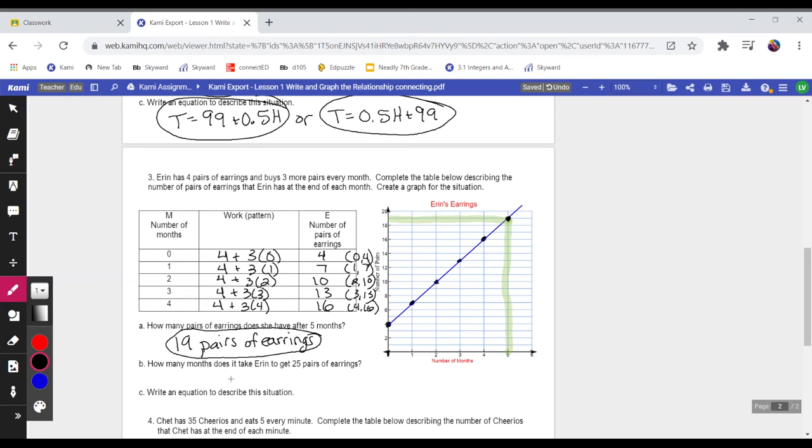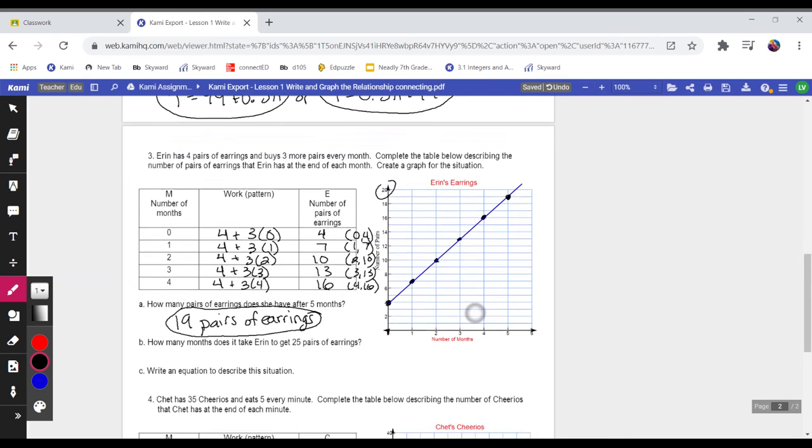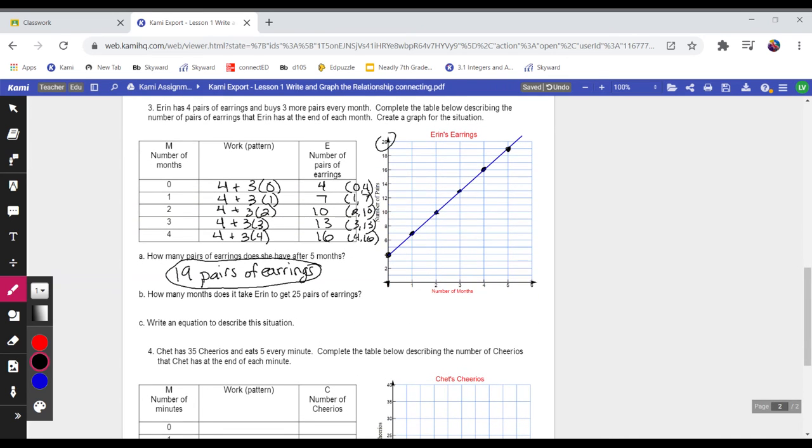Letter B, how many months does it take Erin to get 25 pairs of earrings? Hmm. Well, if you notice, the number of pairs of earrings stops at 20. So we're going to have to use some more math knowledge of solving this. So 20 pairs of earrings represents E. So that means that we need to use an equation.